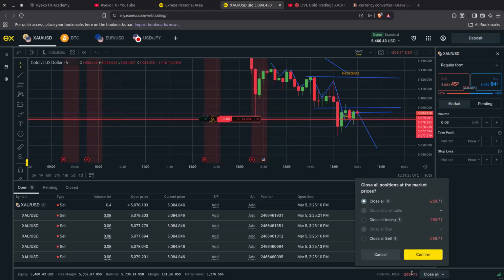Because now if it starts going up, that means I'm in trouble. If it goes up and doesn't close above there, I'm in trouble. And it's going up. You see, I'm losing almost 5.